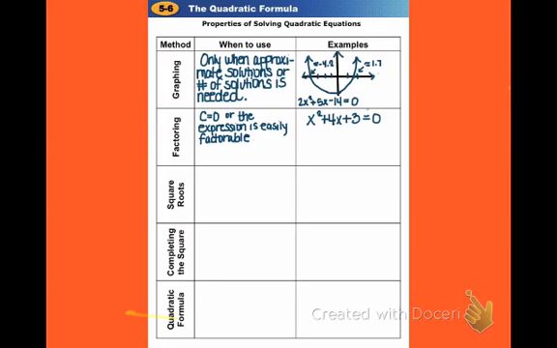Something like x squared plus 4x plus 3 equals 0 is easily factorable because I can find the two binomial factors I'm looking for, two numbers that multiply to 3 that add to 4. And so I know the two binomials both start off with x, because x times x is x squared. And 3 times 1 multiplies to 3, and 3 plus 1 is 4.